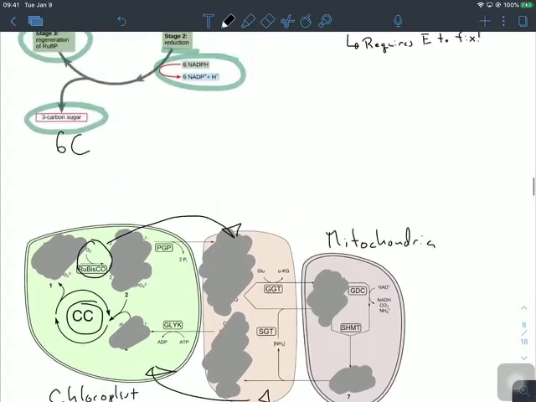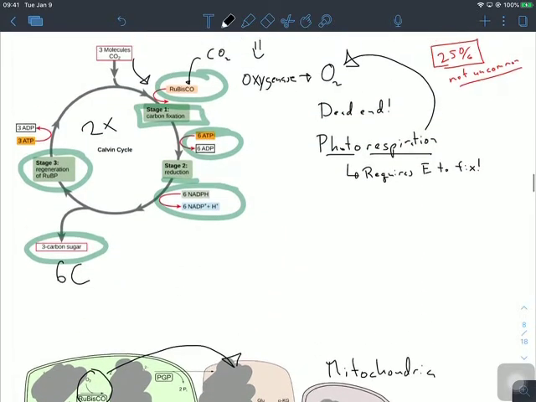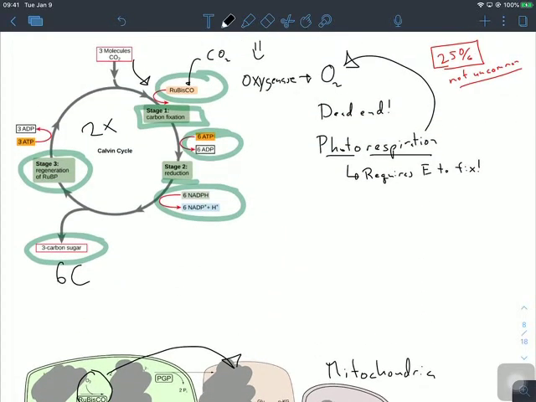So, what do I hope y'all keep from this? That CBB, when it goes right, rubisco grabs CO2 and goes through fixation, reduction, and regeneration. The CBB cycle can go wrong when rubisco grabs oxygen instead of carbon dioxide.